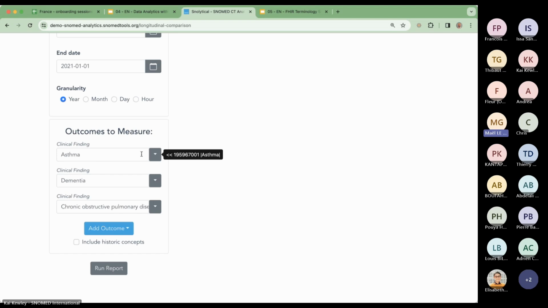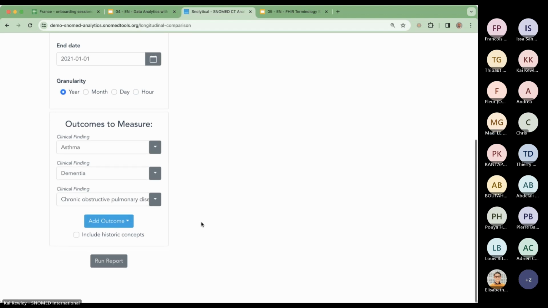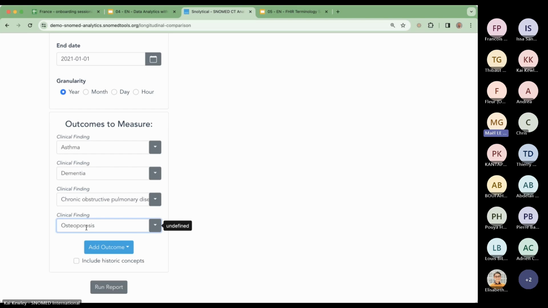In this synthetic data set, we haven't used any of these higher level concepts like asthma and dementia. We've generated the data set using all the descendants of asthma to make it more realistic and more detailed. I've got two more here: osteoporosis and the two types of diabetes.